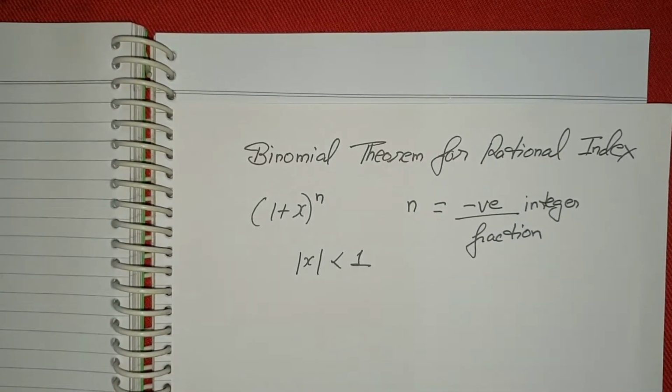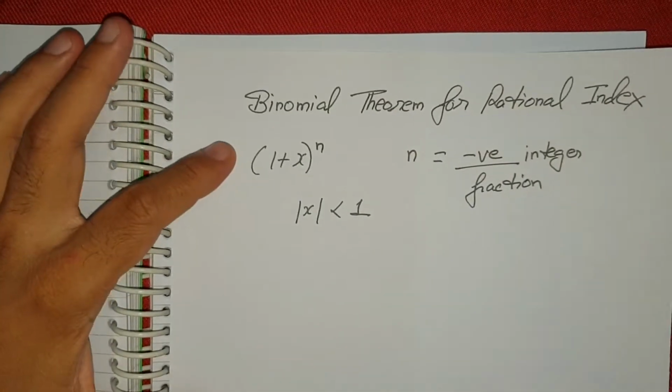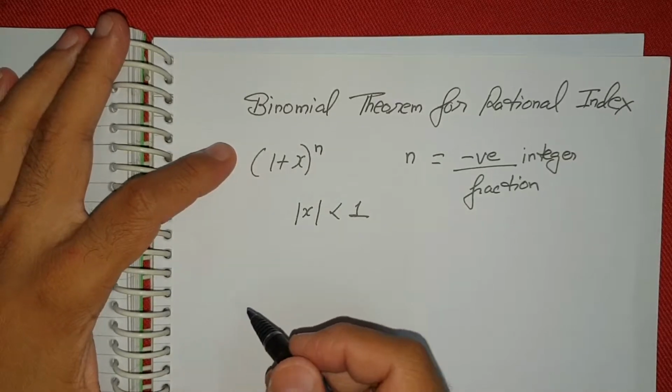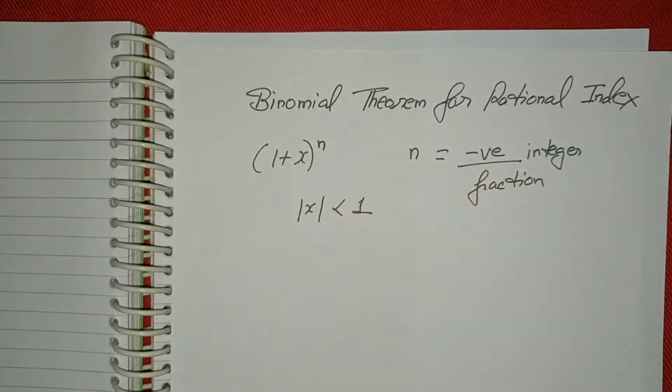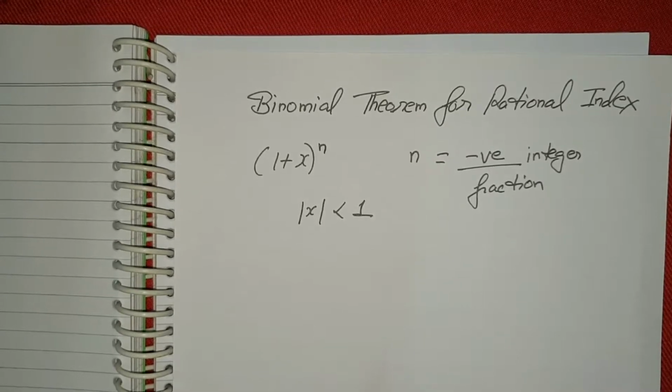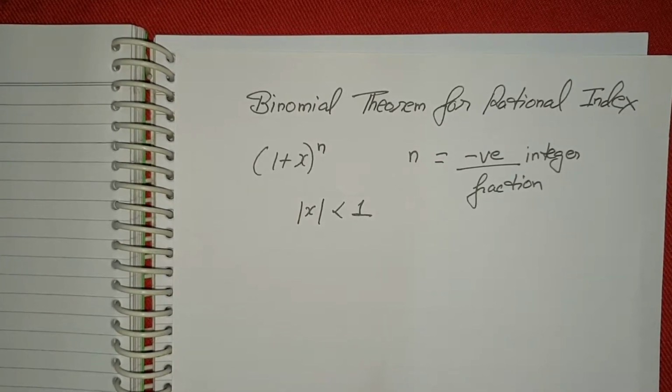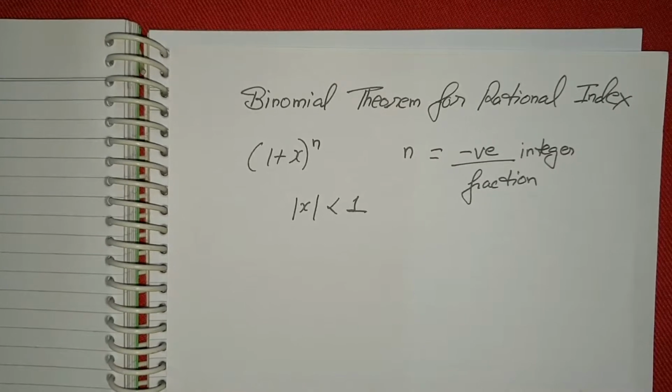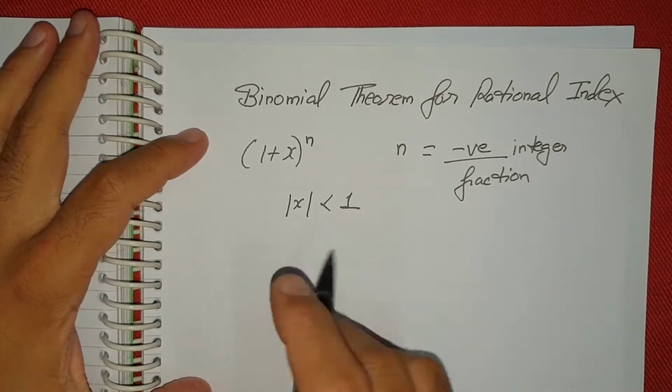Now in the binomial theorem for a rational index, let n be any rational number, positive or negative, integral or fraction, and x be any real number such that modulus of x is less than 1.